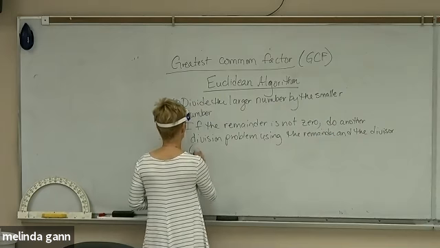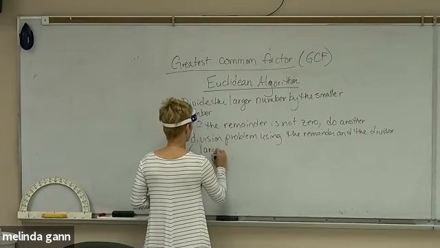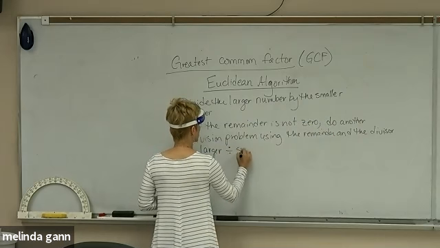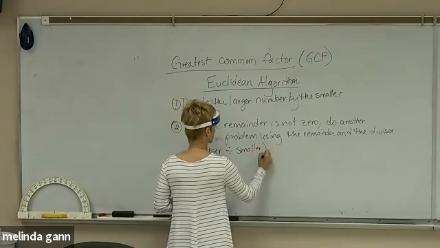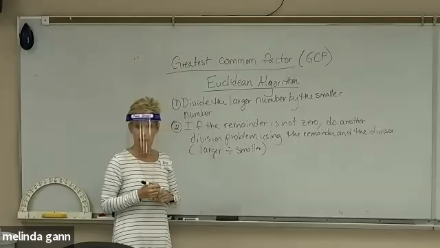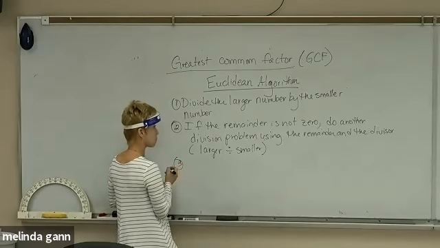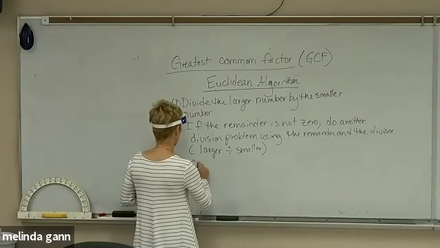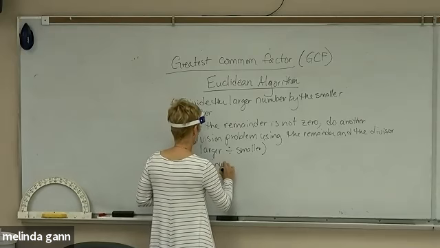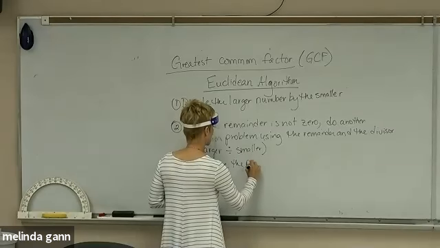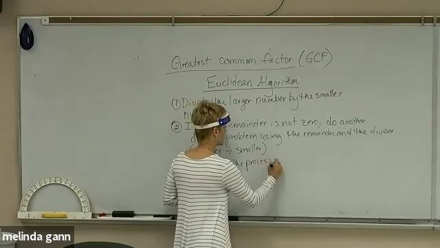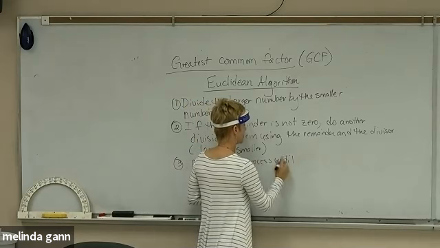And I'm going to put in parentheses: larger divided by smaller. You are going to continue the process until the remainder is 0.